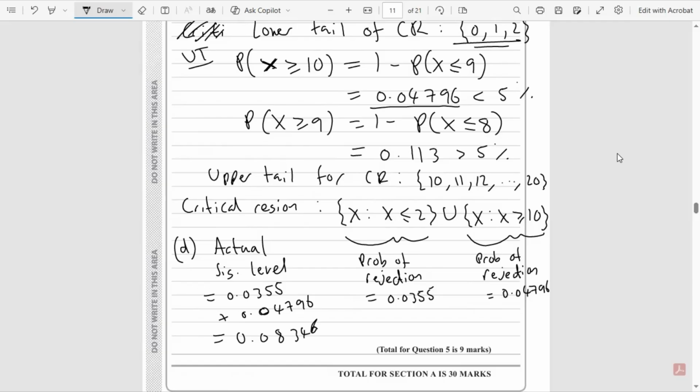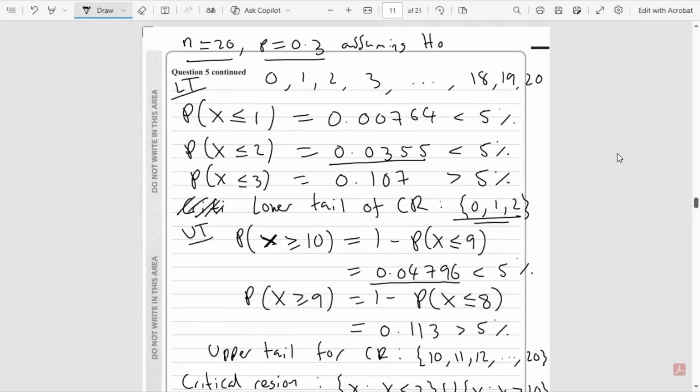So that should be a 6 there. So this is about 8.35% to 3 sig figs. That's our sig level there, our actual sig level. Perfect. So that's part D done.